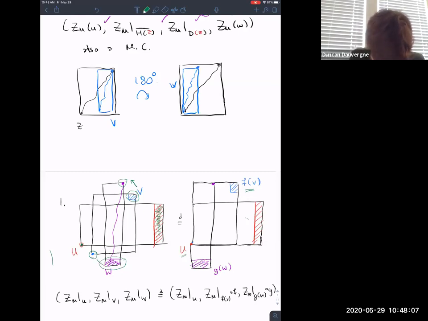So they've been shifted as well to get G of W. And what you can show is that the joint distribution of Zm on U, Zm on V, and Zm on W is the same as Zm on U, Zm on the shifted version of V, and Zm on the shifted version of W. Okay, and it's almost just iterated application of this proof method and building up more complicated statements.